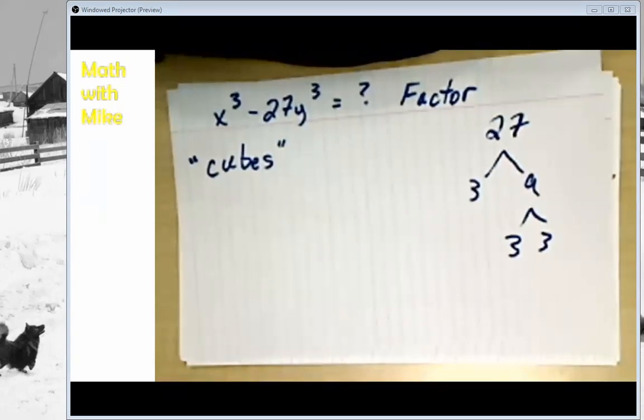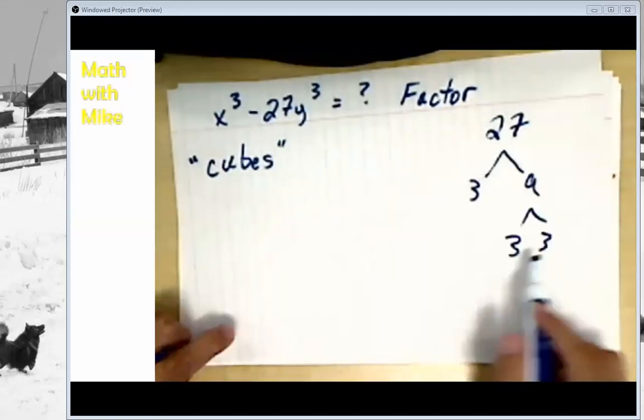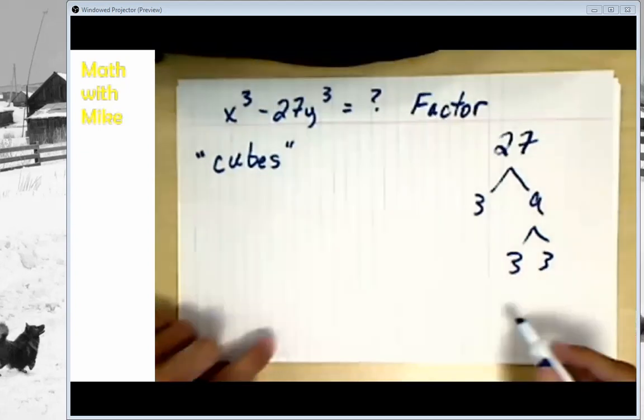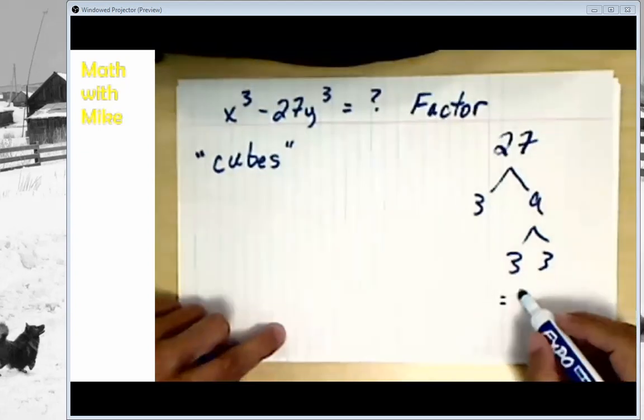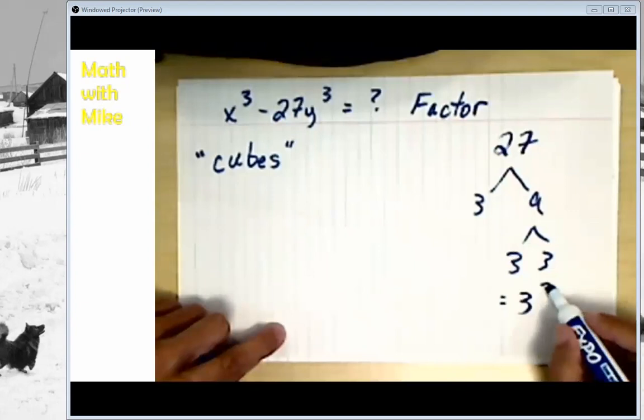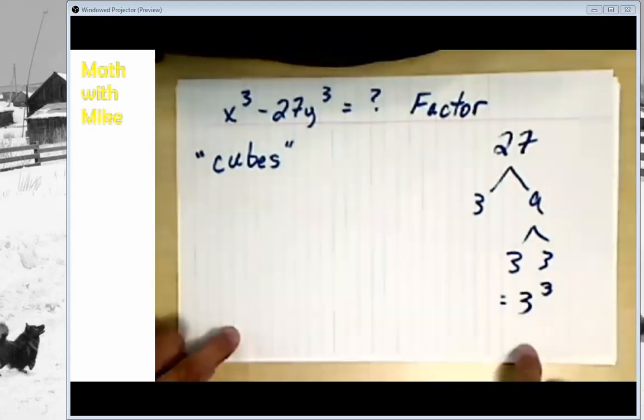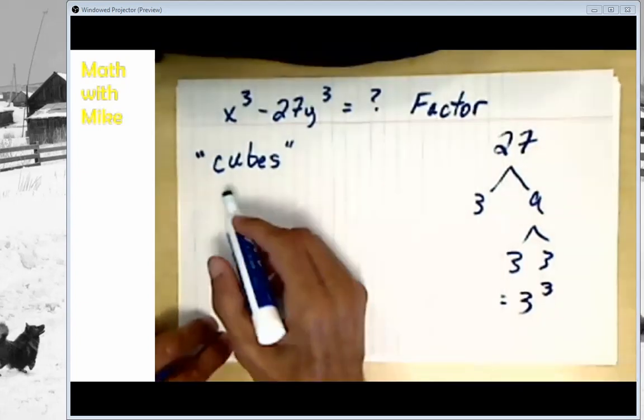Okay, so for the prime factorization, I did it kind of quick. There it is. So this is the same as 3 to the power of 3, right? So now we have cubed things all over the place.